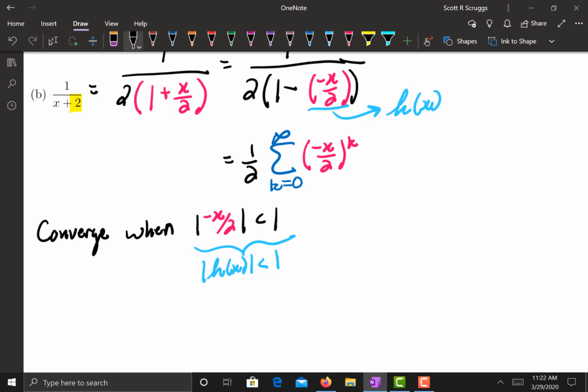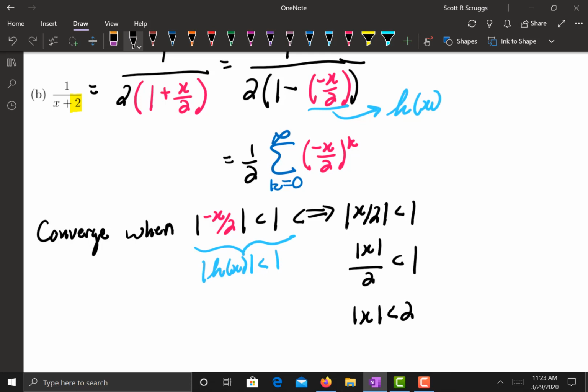Now, because I have an absolute value and a negative sign up front, this is equivalent to me writing the absolute value of x divided by 2 is less than 1. This is the same thing as saying the absolute value of x over 2 is less than 1, which means the absolute value of x is less than 2, which means that 2 is our new radius of convergence.